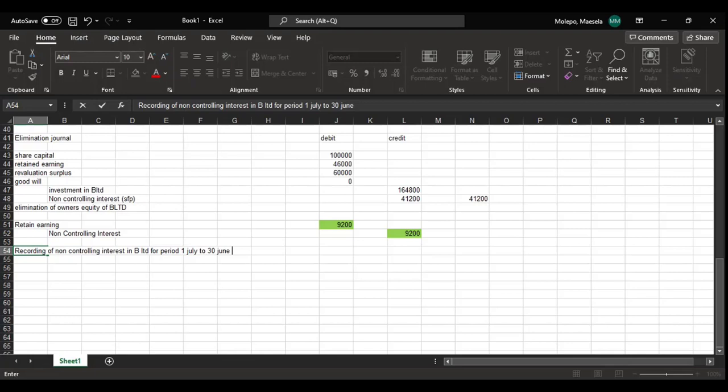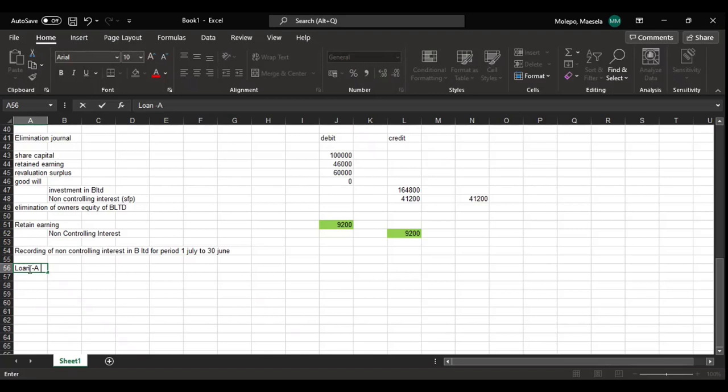Since A Limited was the one who received the money, now you have to reverse it. So on the debit side, we're going to have a loan in B Limited because we are reversing it. Loan A Limited. Yes. So journal, now we're going to say loan A Limited.